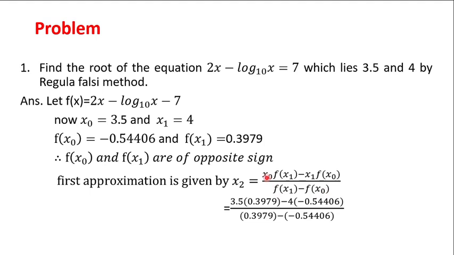Now substitute x0 value 3.5, f of x1 is 0.3979, minus x1 is 4, f of x0 is minus 0.54406, whole divided by 0.3979 minus of minus 0.54406.